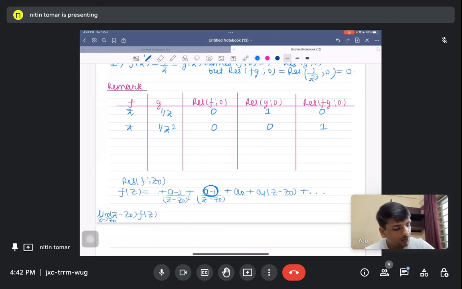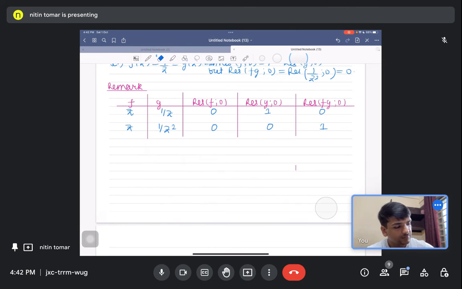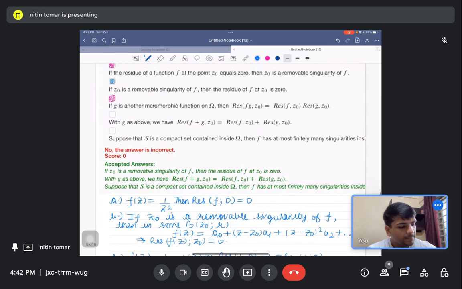Now you multiply it with z minus z naught, then you'll see that this part will go to 0 and you will have a minus 1 left. Okay, is this clear, Darshana? Yes, sir. Pile, you are saying something?